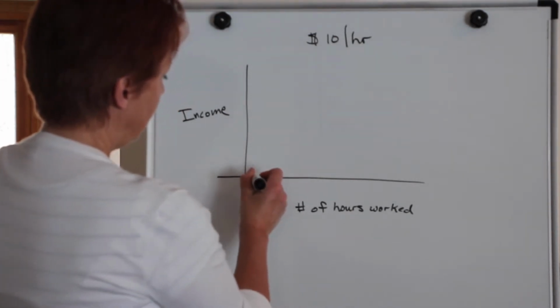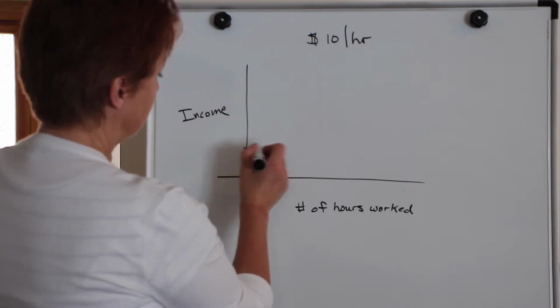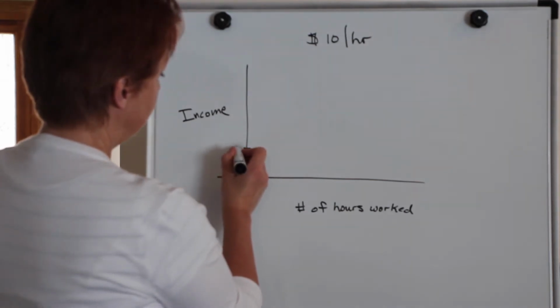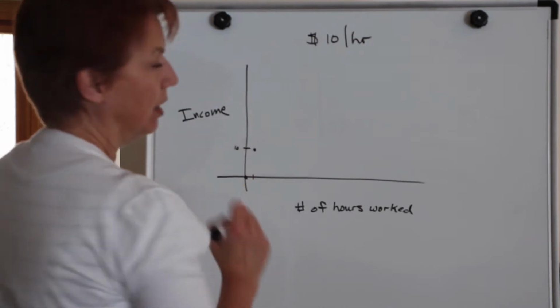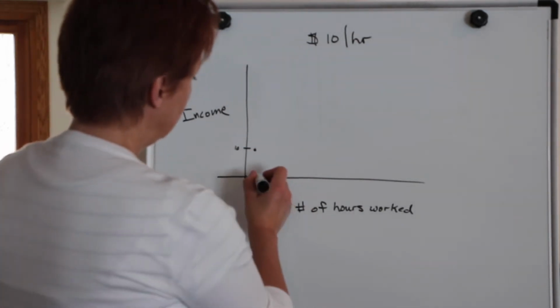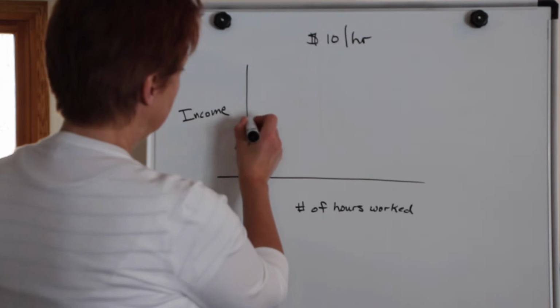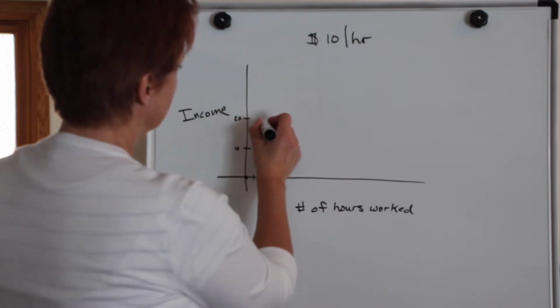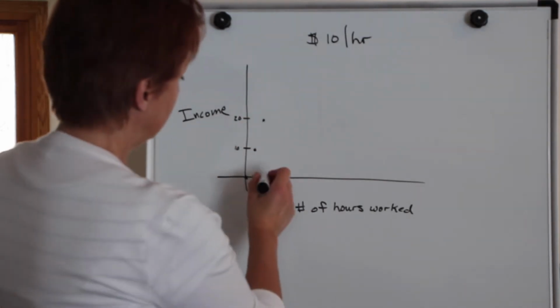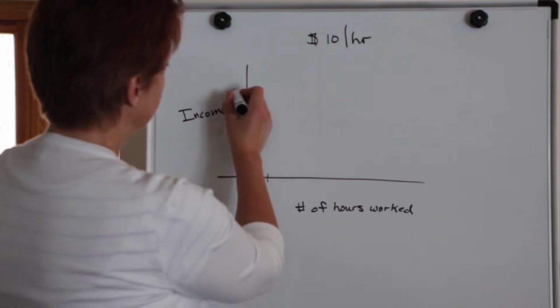If you work 1 hour, you're going to make $10. So we're going to say that this is 10, and we're going to put a little dot there, okay? If you work 2 hours, well, you're going to make $20, aren't you? If you work 3 hours, you can see where this is going.